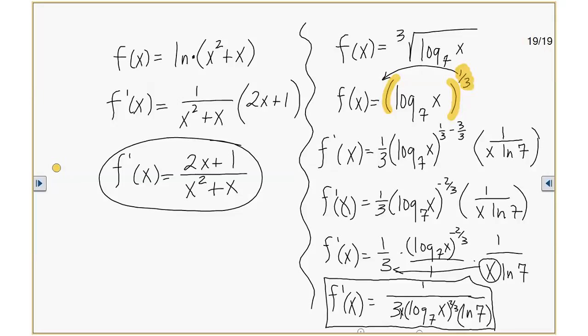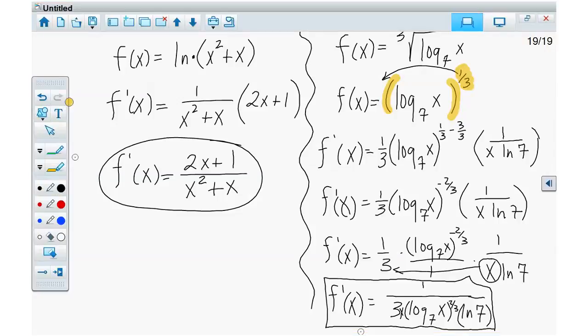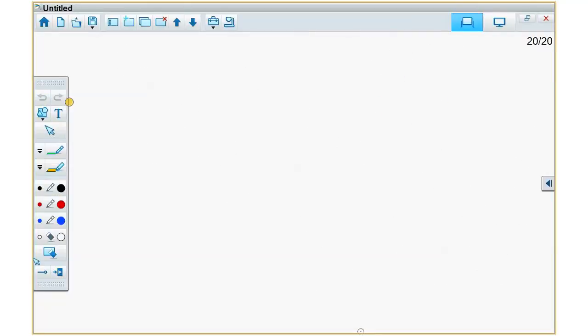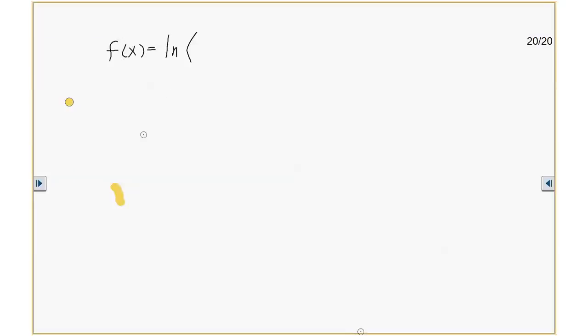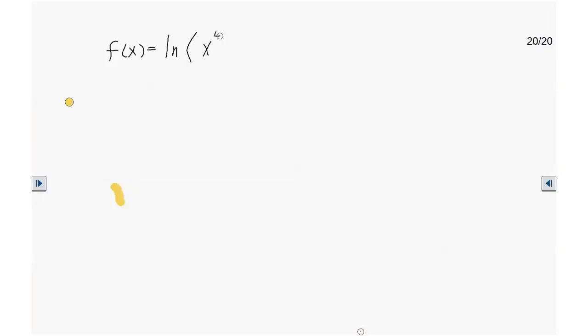That's a good test question. This is also a good test question right here. F of x is equal to natural log of x to the 4th times sine of x.